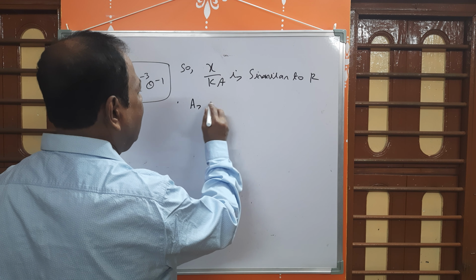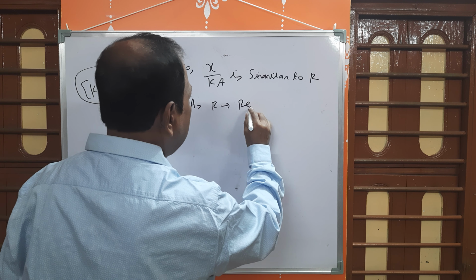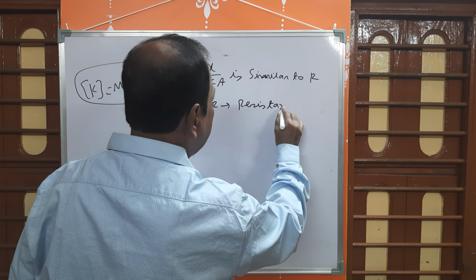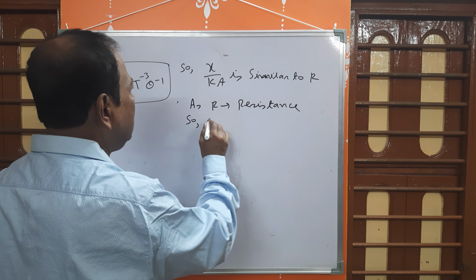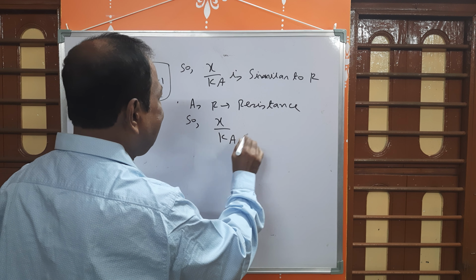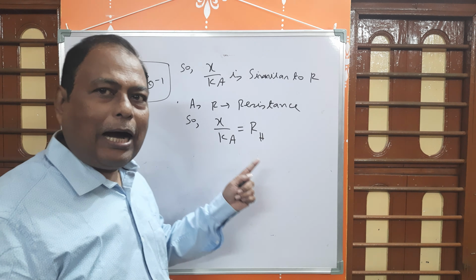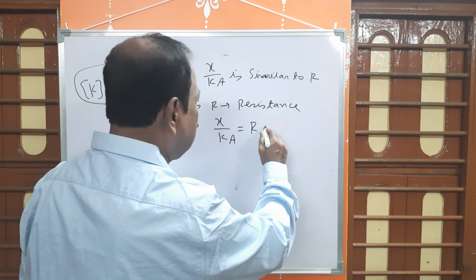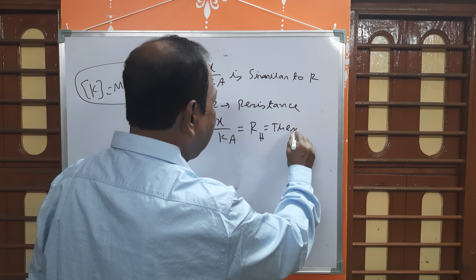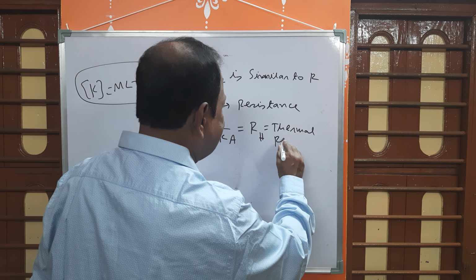As R is called resistance, x by K A is called R H, that is called thermal resistance.